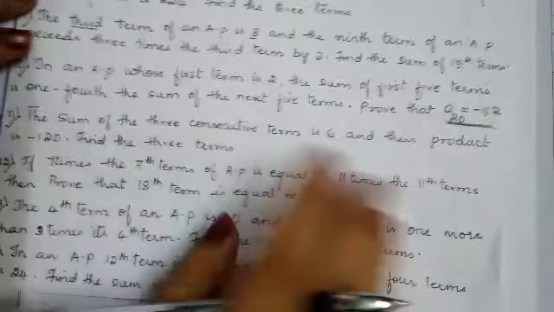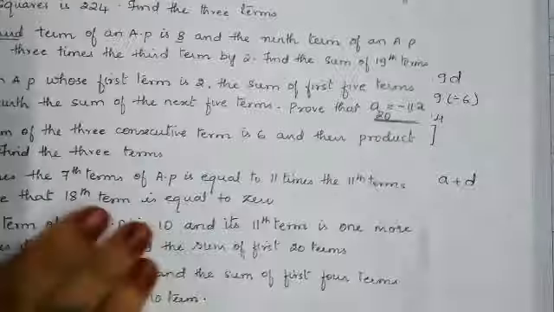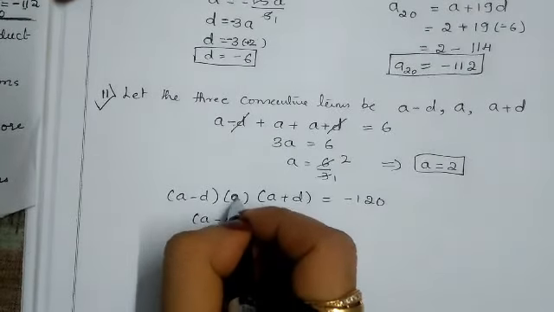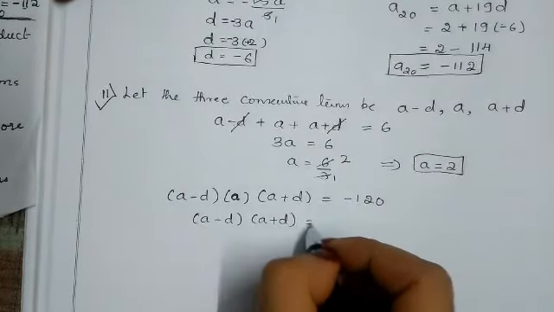Similarly, what have they asked? Their product is minus 120. The product of these 3 terms: a minus d, a, a plus d is equal to minus 120. We know that a minus d times a plus d is a square minus d square.